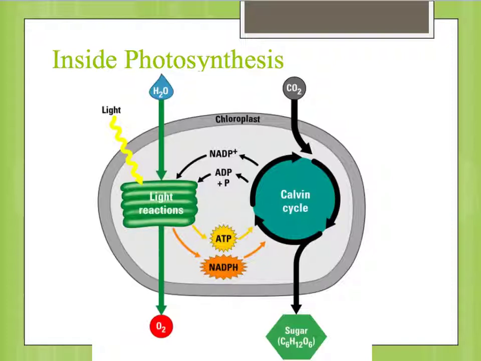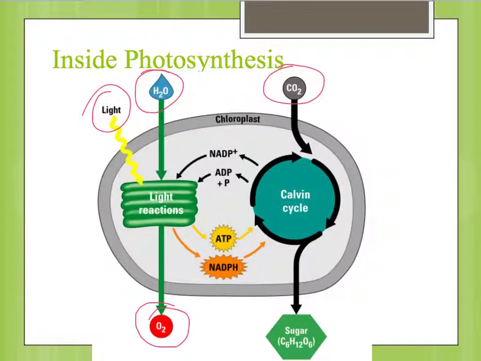So you'll see that it starts with water and carbon dioxide and light energy, and through the light reactions first, water is split and oxygen is released, and energy carriers move over to the Calvin cycle, where they are used in addition to that carbon dioxide to make a molecule of sugar.